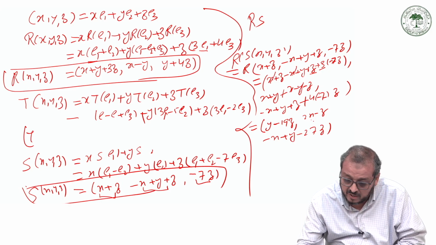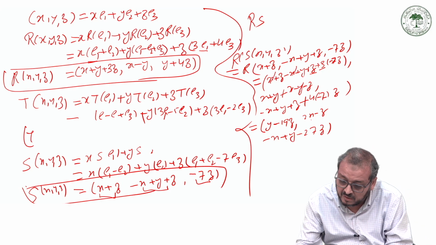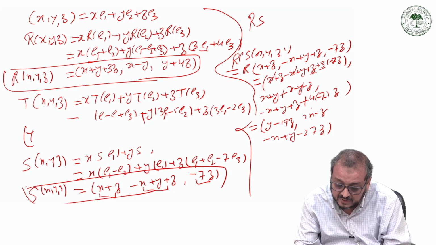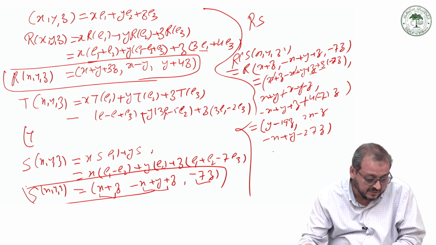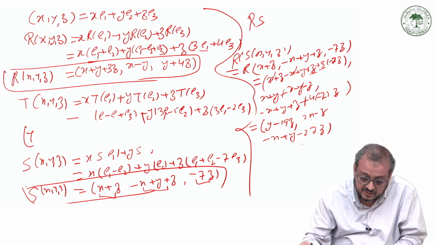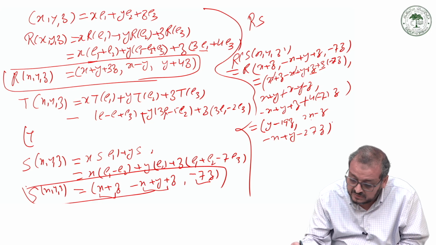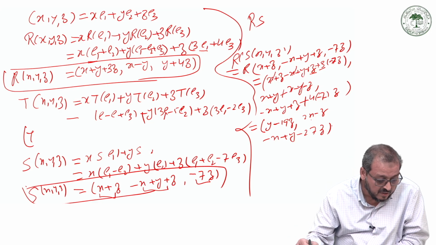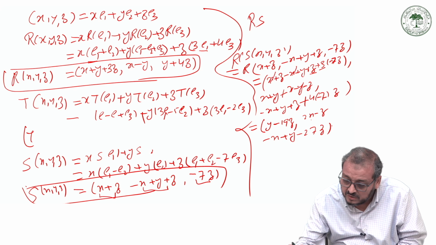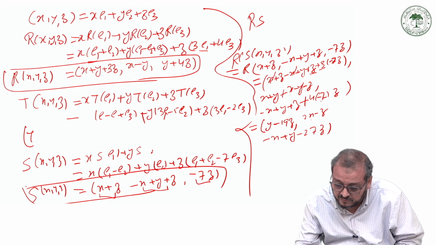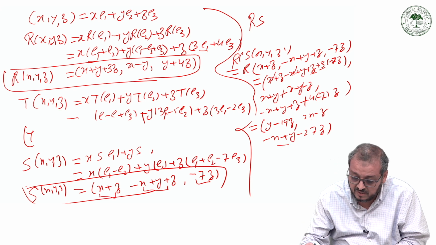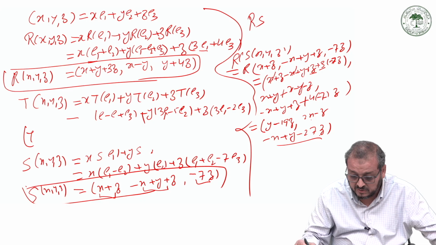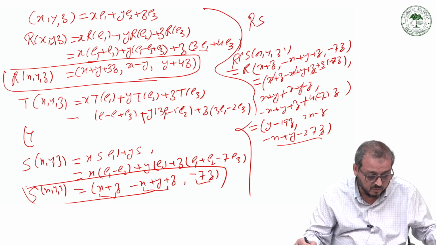Then we have 2x minus z, and then minus x plus y minus 27z. Okay, so now we just take it into this form.